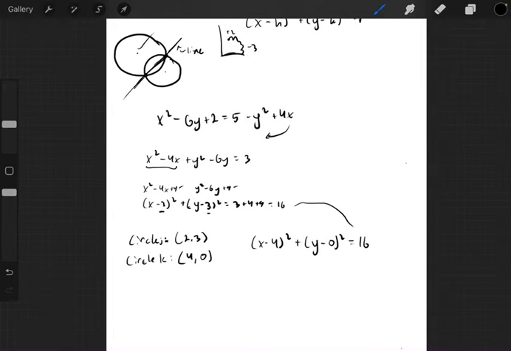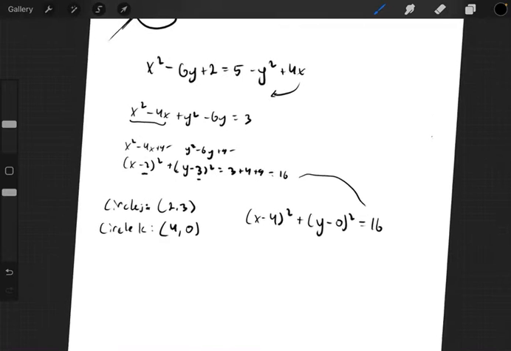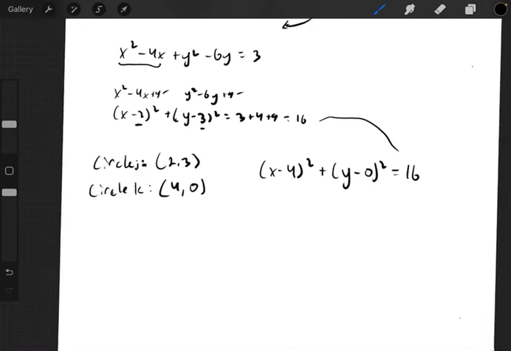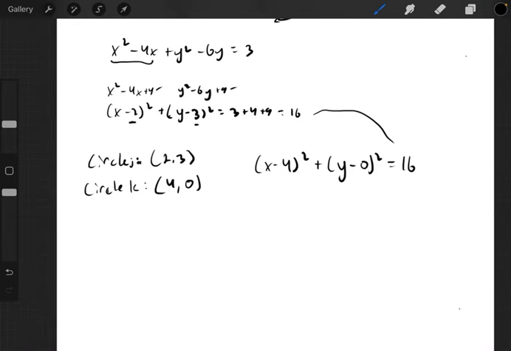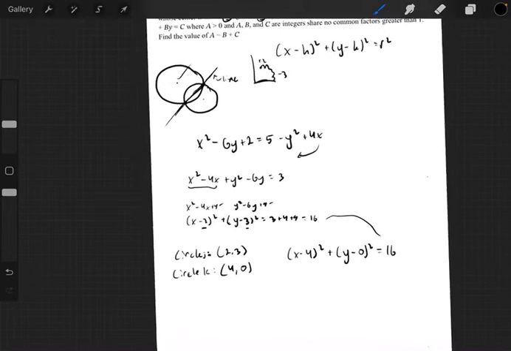What we're looking for is the points where x and y work. So all we have to do is set these equations equal to each other because they have the same radius, and you're going to get an equation that will map out the possible points for this.